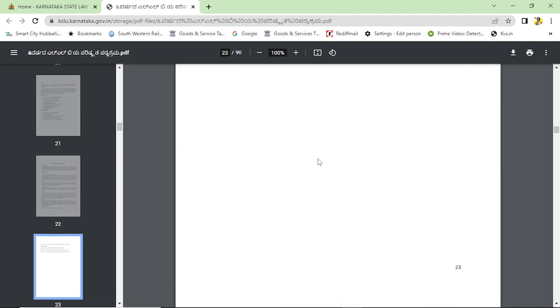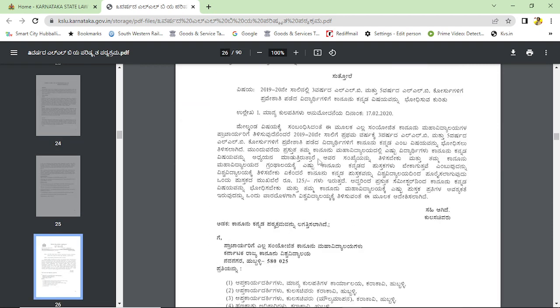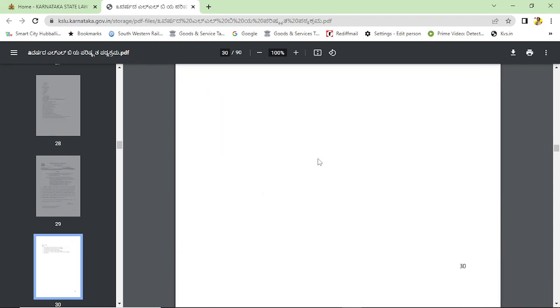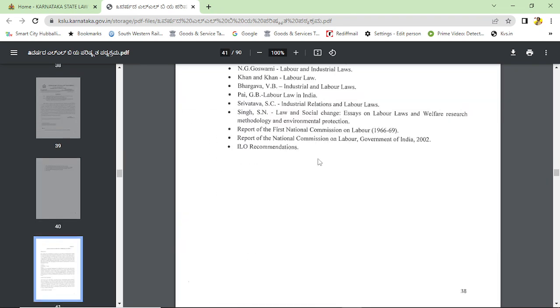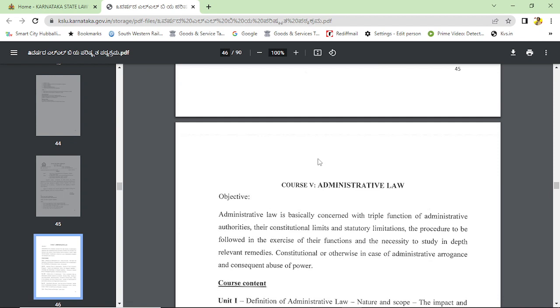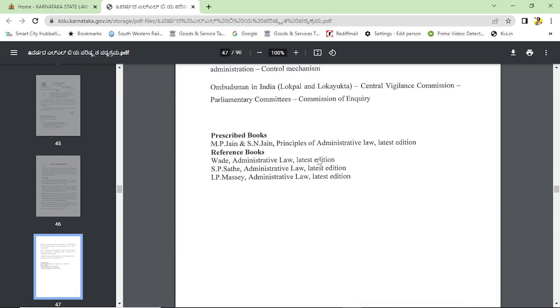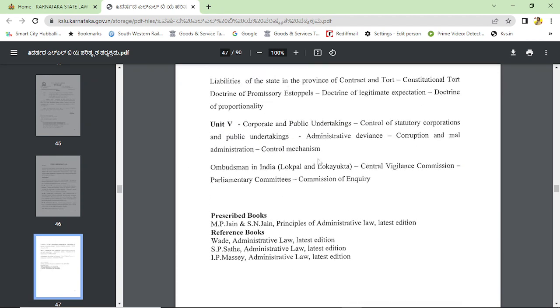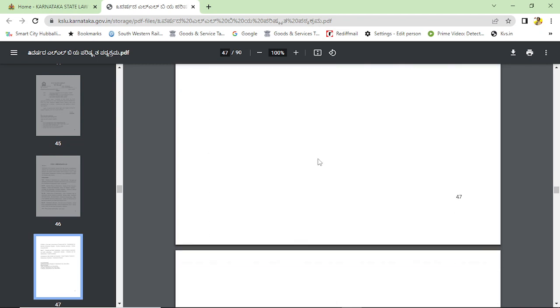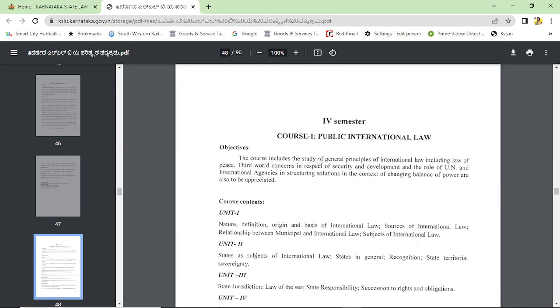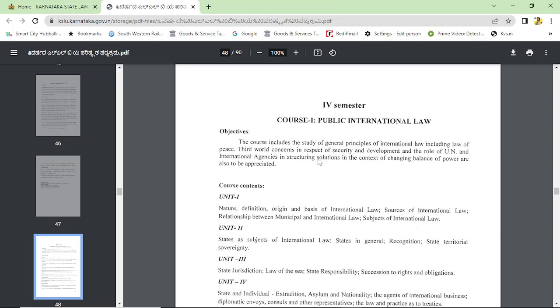This is the KSLU website itself. Page 48. Okay. There comes public international law. Now look at this syllabus.